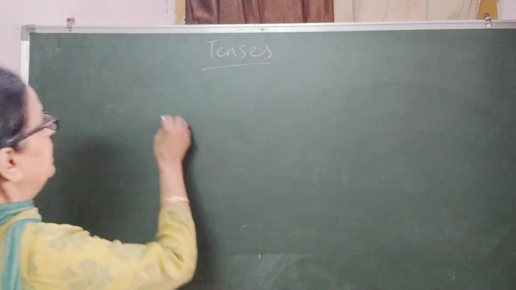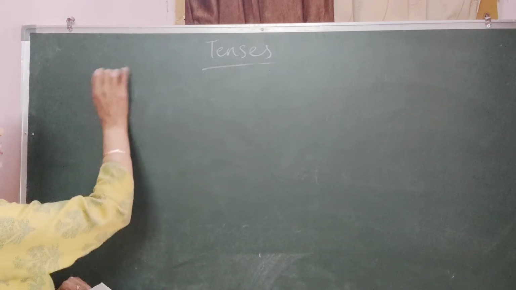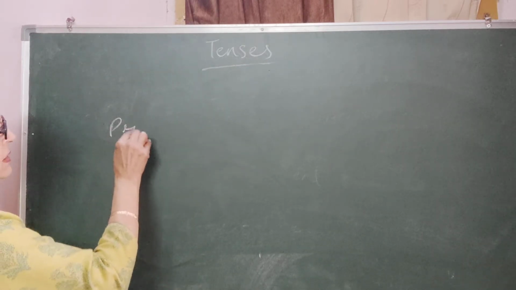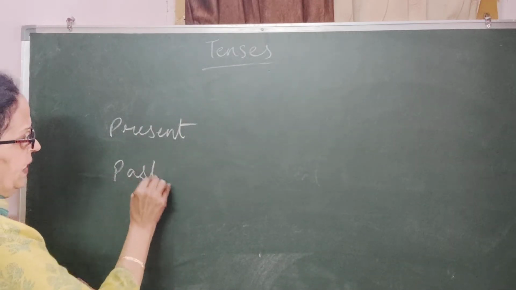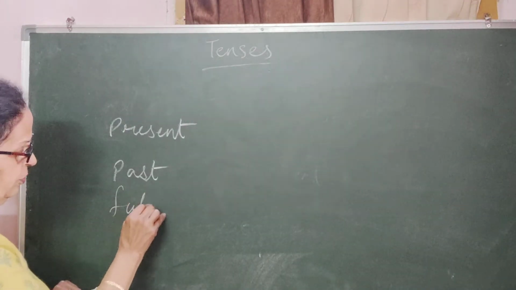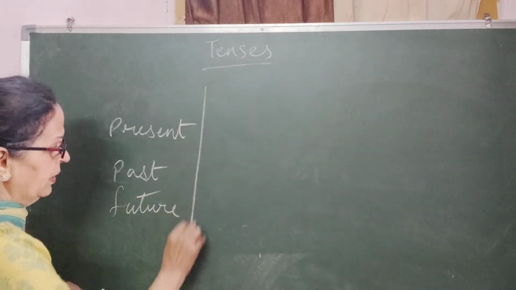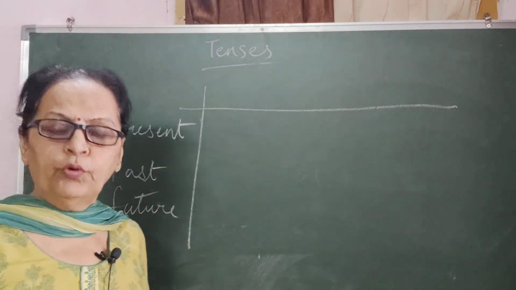So you have seen we have got three tenses, past, present, जो अभी हो रहा है, past which has already been done, and future which is going to happen. They are further subcategorized into 4 types.